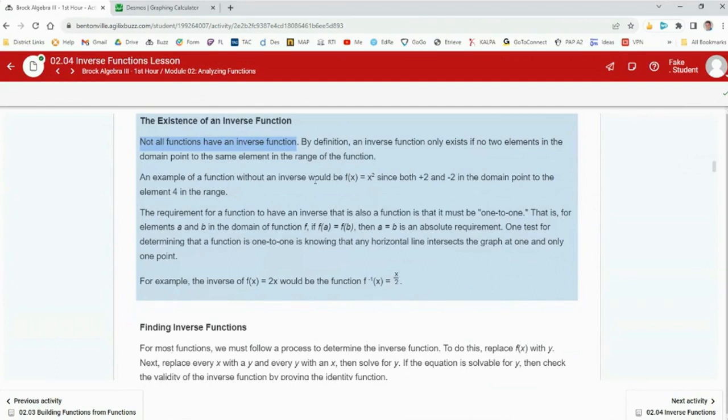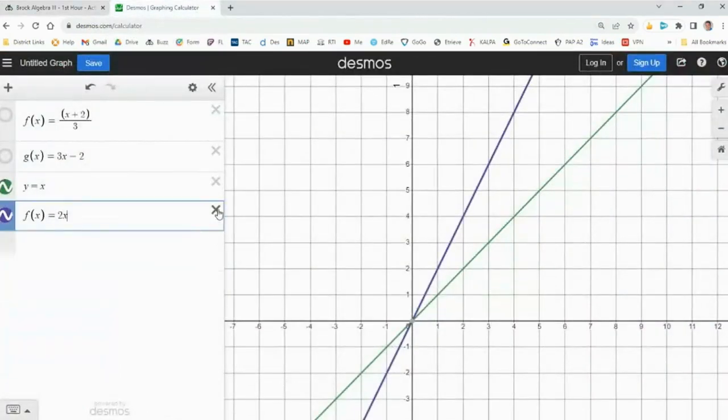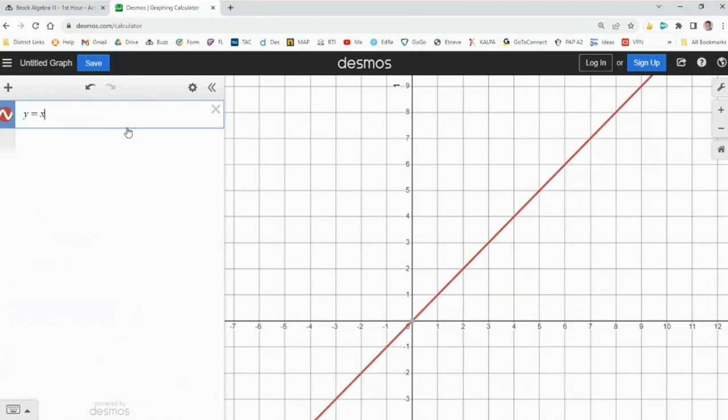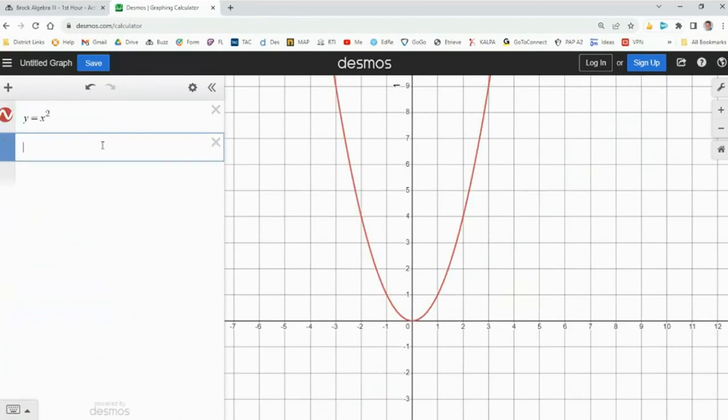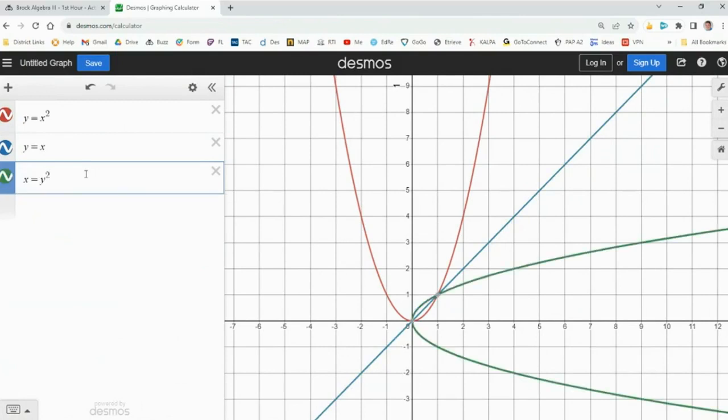So an example of a function without an inverse is y equals x squared. Now let's look at that real quick and see, why does that not have an inverse function? Y equals x squared. Let's do that y equals x line. It says this does not have an inverse function, because the inverse of that would be x equals y squared. And that's not a function. It fails the vertical line test.